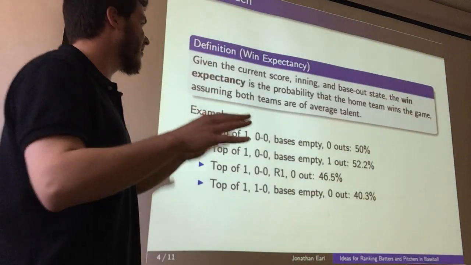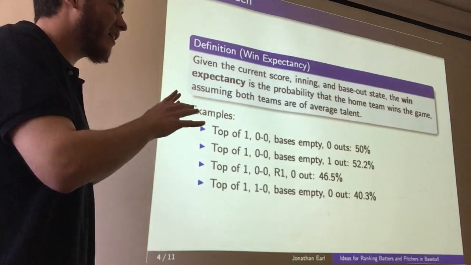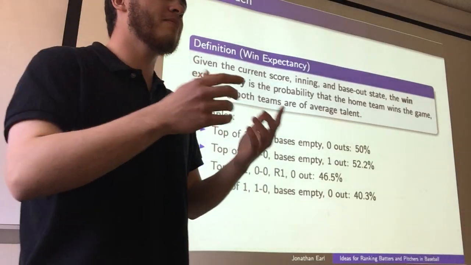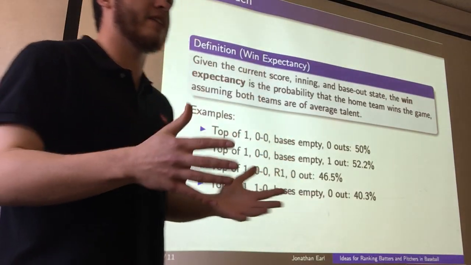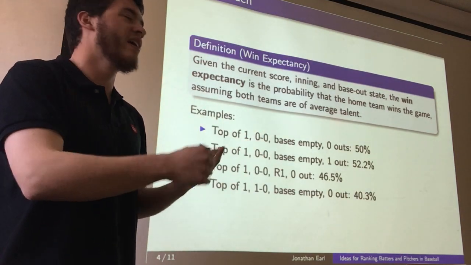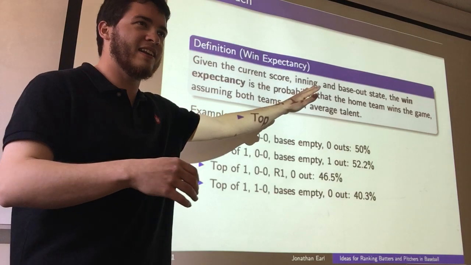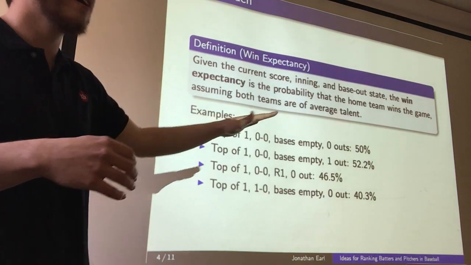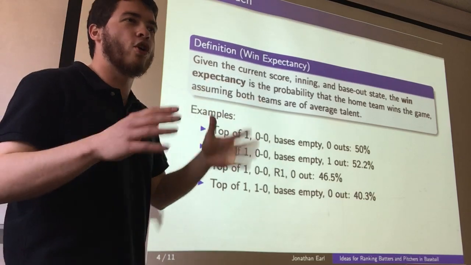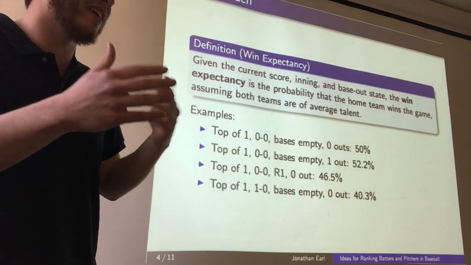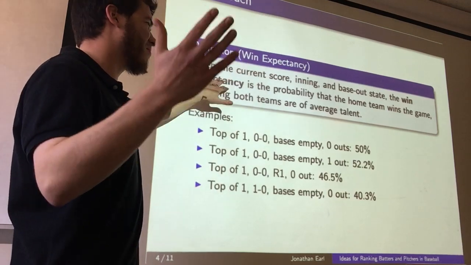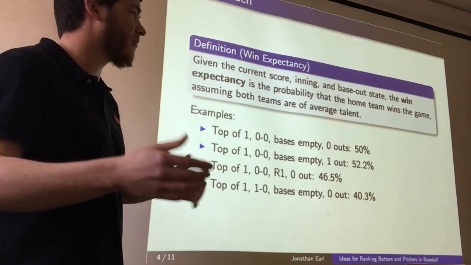The main idea is a quantity called win expectancy. The idea is really simple. If you give me essentially the current state of the game, so the current score for the road and the home team, the inning I'm in, and the base-out state I'm working at in the current inning, I can come up with a way of describing the probability that the home team will win the game. It's easiest to landmark it in terms of the home team winning the game.